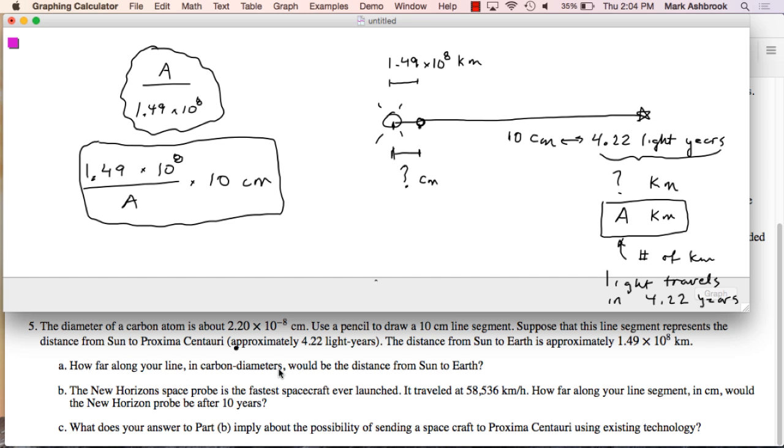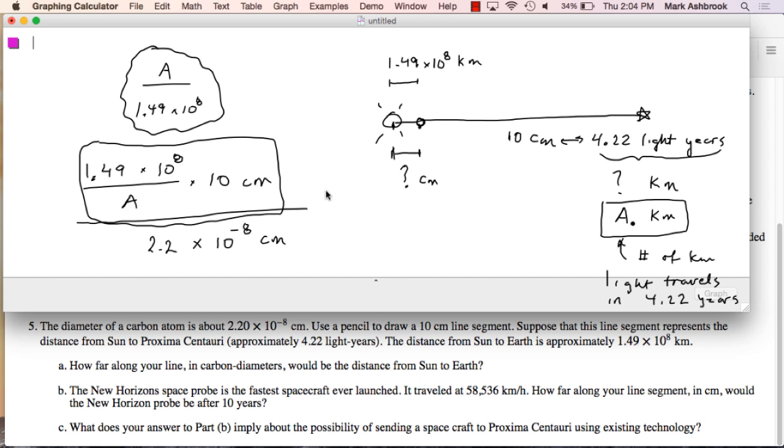How many of these fit into this many centimeters? So we're going to take that whole thing and divide by the 2.2 times 10 to the minus 8. Does it make sense? How many of these lengths would make up this length in centimeters? That would be how many diameters it would be from the sun to the Earth.